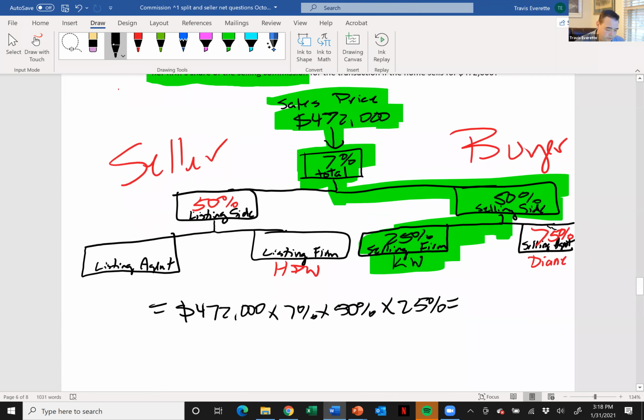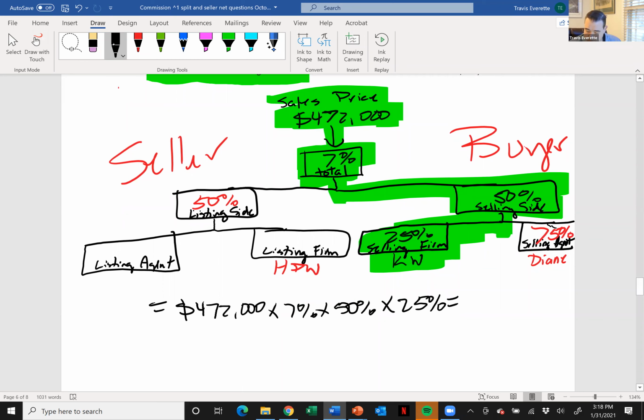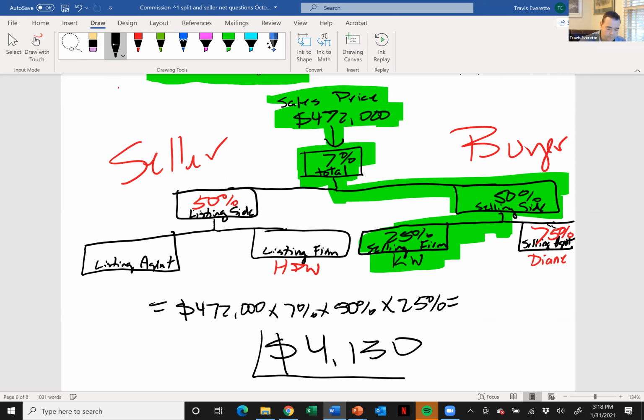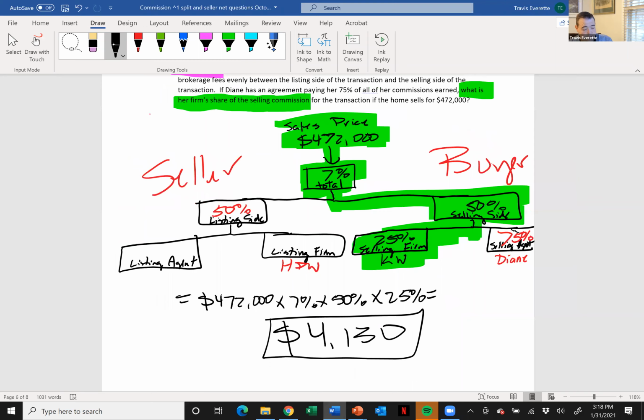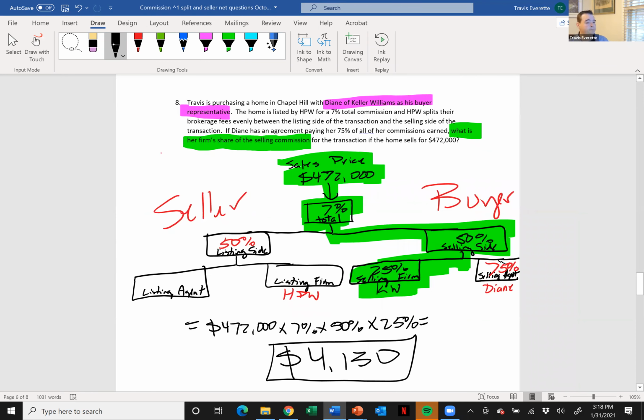And when I do that math, 472 times 7% times 50% times 25%, looks like Keller Williams is going to make $4,130 off of that transaction. And if you get it mapped out, it's really pretty simple to follow. That's the goal. Map it out and you'll be able to follow it.